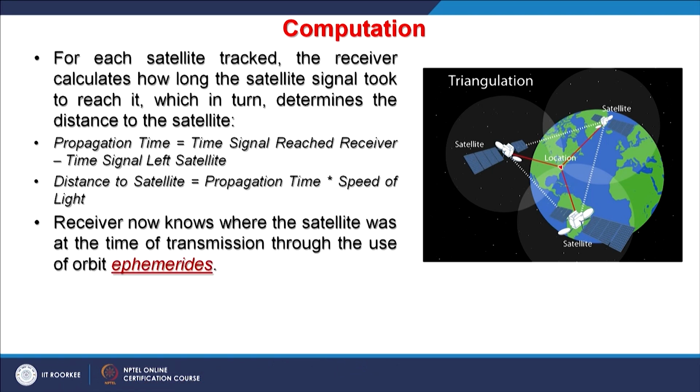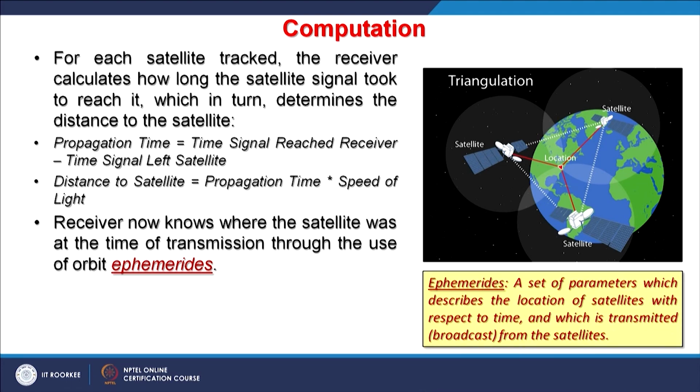Basically your receiver knows where the satellite was at the time of transmission through the use of orbit ephemeris, and that is why the signal carries a lot of data, not just the time signal but also the orbital parameters of all of these satellites, where they are located in their orbit.